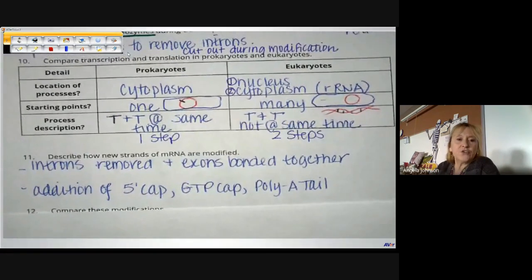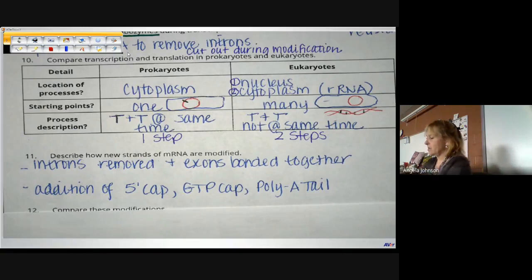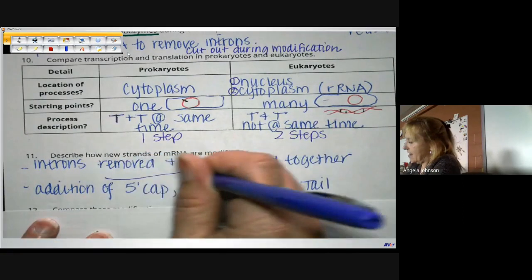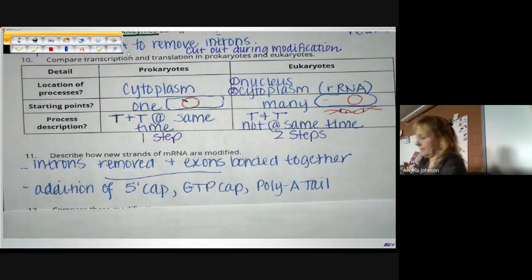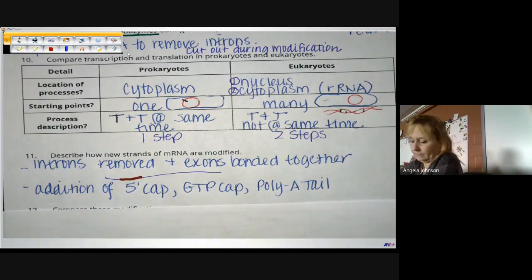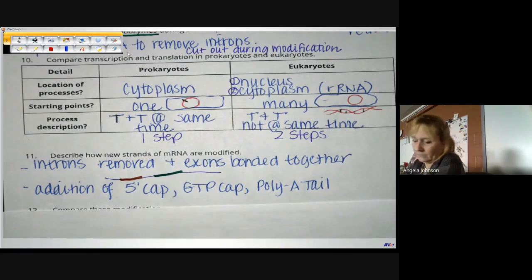Describe how new strands of mRNA are modified. You've got the strand, and there's going to be pieces cut out. So we have a strand like this. Do you remember this? And we've got some different portions. That's what got made in the DNA molecule.